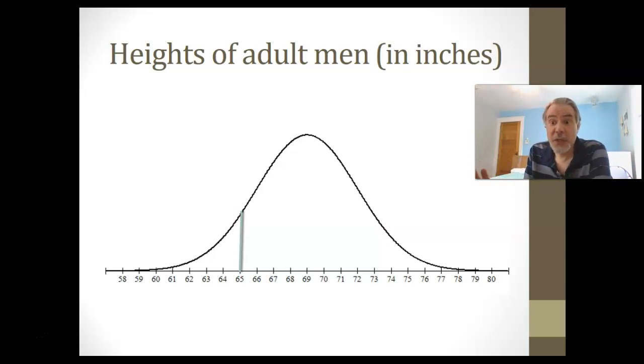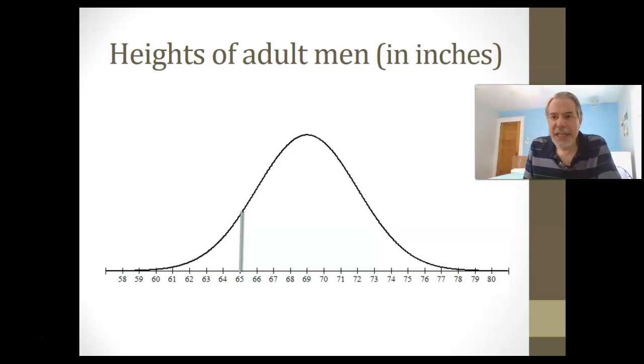With a continuous variable, how do you distinguish between somebody who's 65 inches versus somebody who's 65.1 inches or 64.98 inches tall? How close to exactly 65 do you have to be before you count as being 65 inches tall?